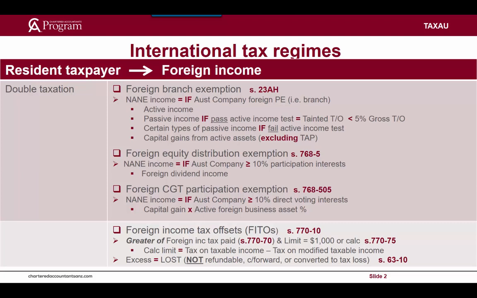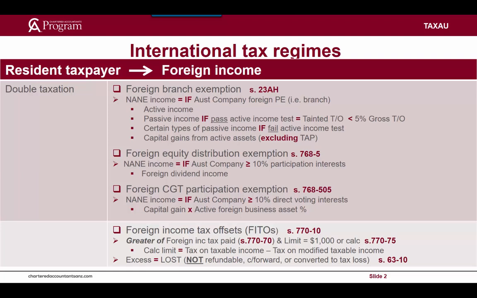The main exemptions include foreign branch income and capital gains on active assets under Section 23AH, foreign equity distributions, or in other words, foreign dividends, where the taxpayer is an Australian company with a participation interest of at least 10% under Section 768-5, and foreign capital gains on foreign shares, where the taxpayer is an Australian company with a direct voting interest of at least 10% under Section 768-505.